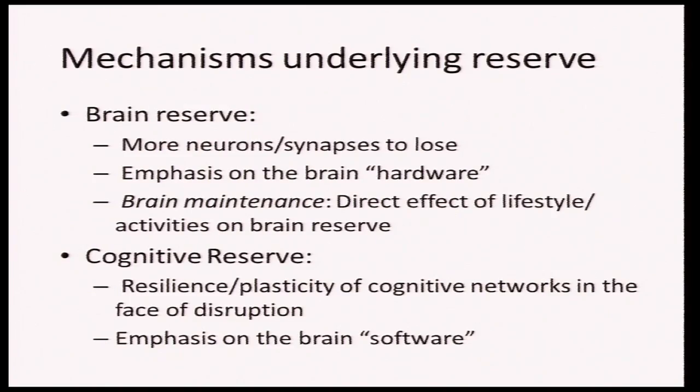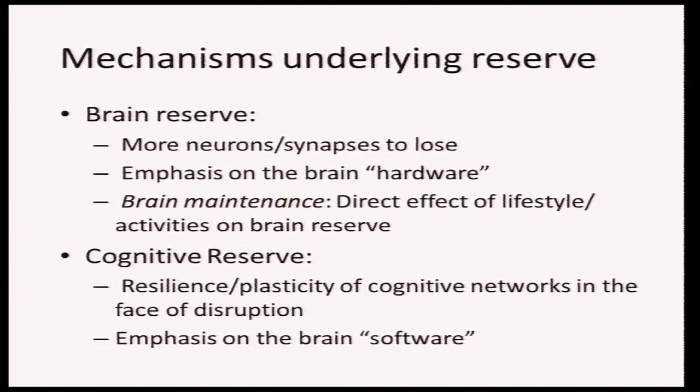This concept of brain maintenance is a newer one. The idea is that some of the same lifestyle factors that I'll talk about regarding cognitive reserve have now been shown to help maintain the brain. At any one point, we have this amount of brain reserve, and the higher that brain reserve, the better someone's going to do in the face of brain changes.